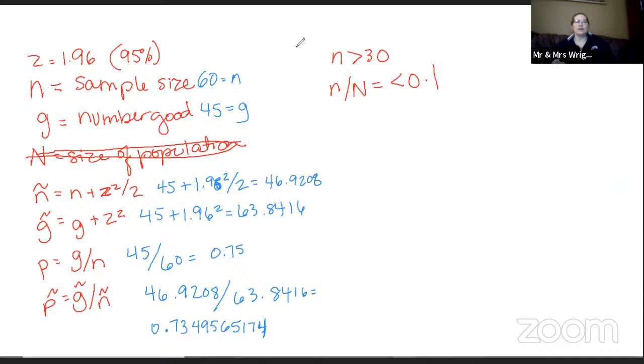So now that we have that information, what we can do is look at the actual formula.